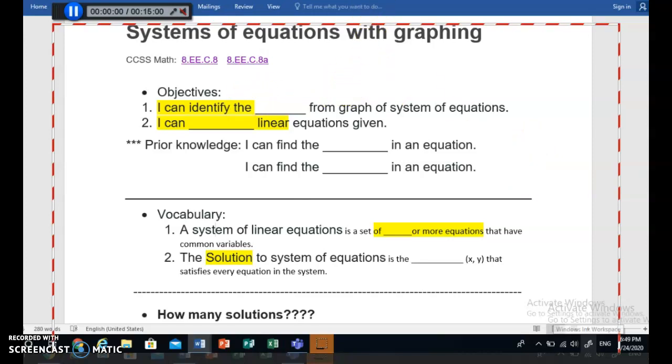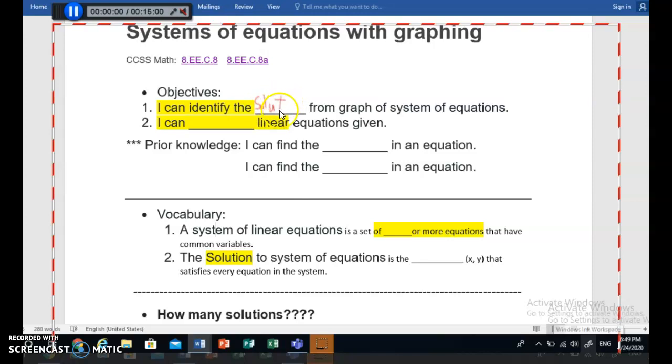Okay, the first one is, I can identify the solution. Okay, let me put this pen on. I can identify the solution. You write down solution.